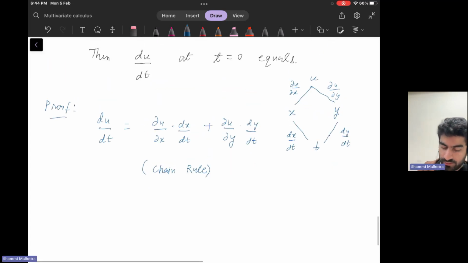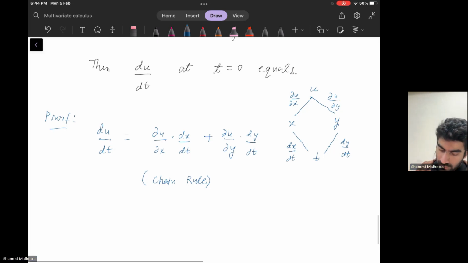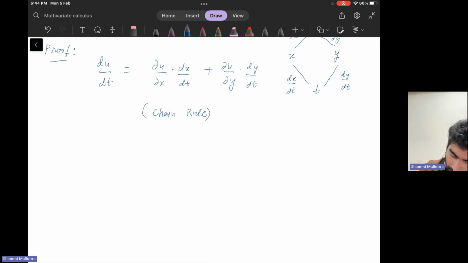So I have to just calculate these four derivatives. I see my u function is x times y, so I can directly calculate: del u by del x would be y only, and del u by del y would be x.